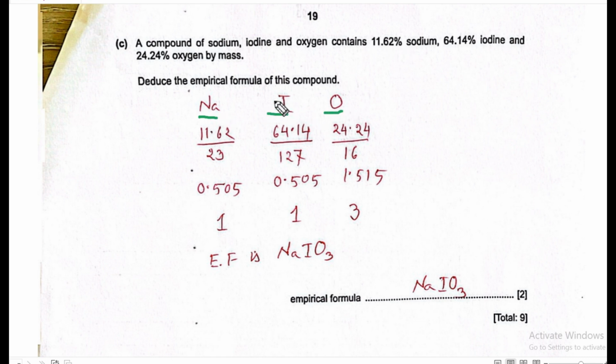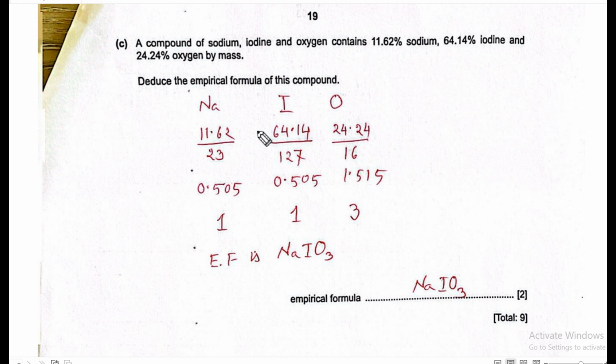Their percentage 11.62, 64.14, 24.24. First you will divide by their Ar. Ar means relative atomic mass. So sodium 23. This value you will get from periodic table. Sodium relative atomic mass 23 and iodine 127, oxygen 16.